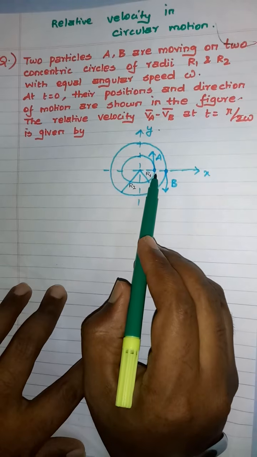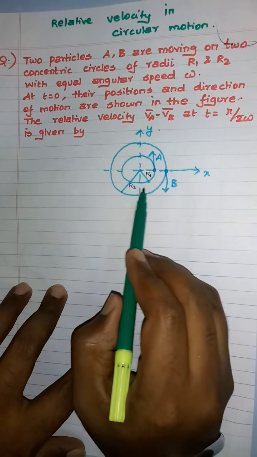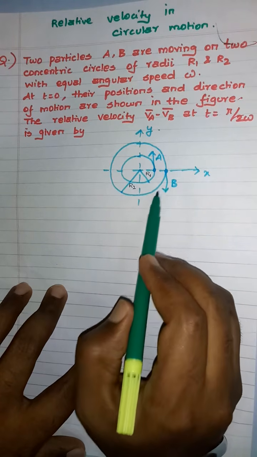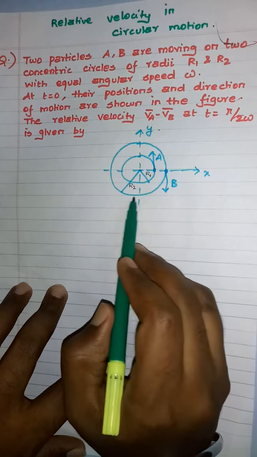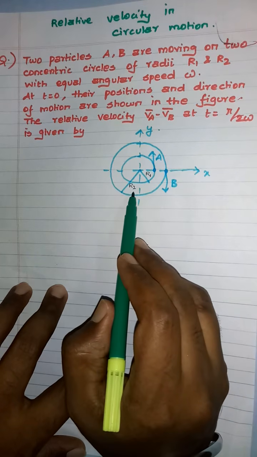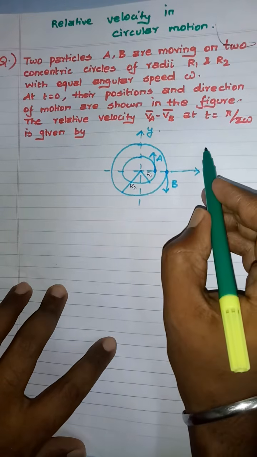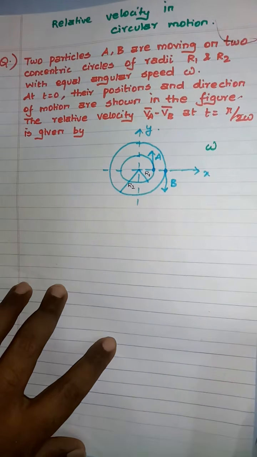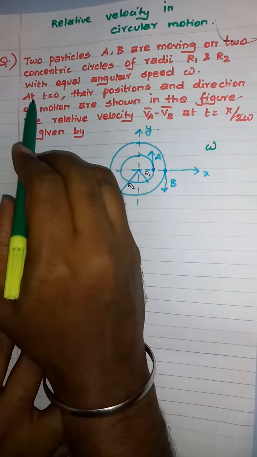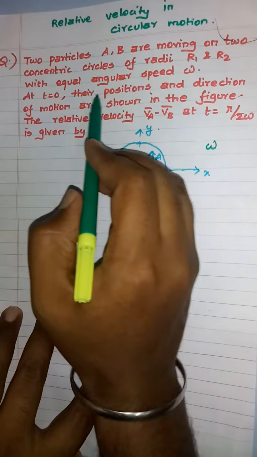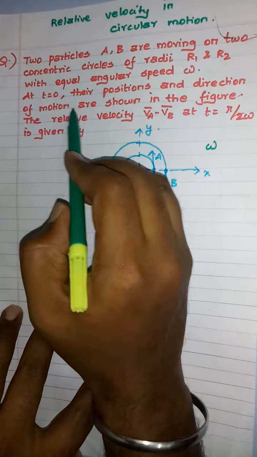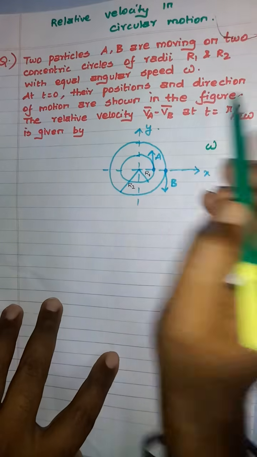The particle A is moving in a radius r1, and the particle B is revolving in a circle of radius r2, and both A and B are moving with the angular speed omega. Next, at t = 0, their positions and directions of motion are shown in the figure.